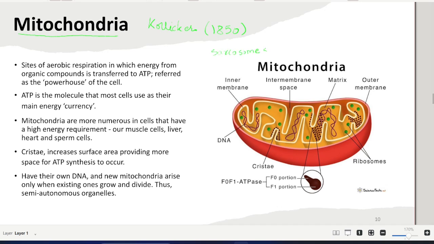So mitochondria are also known as sarcosomes, as they were first obtained in the striated flight muscles of insects. Got it?